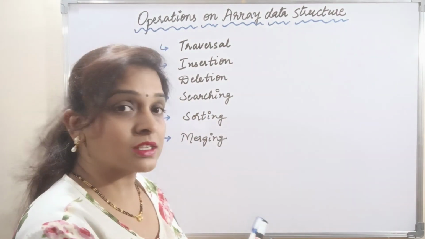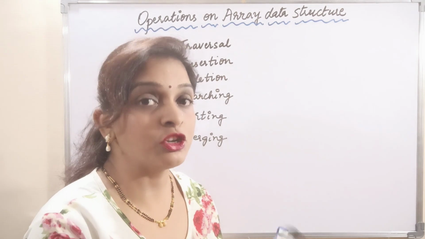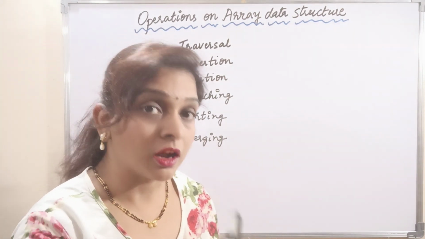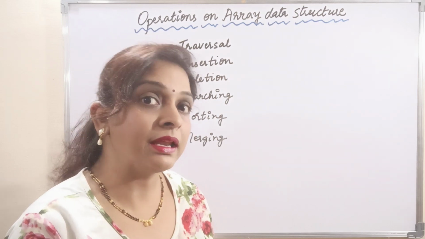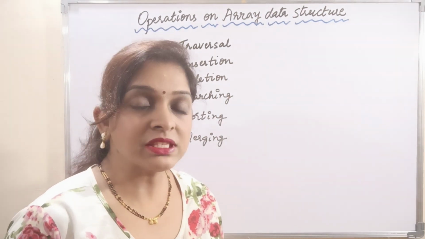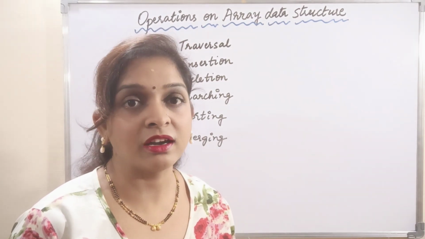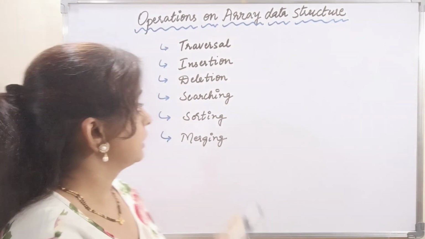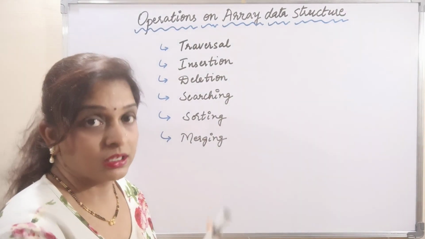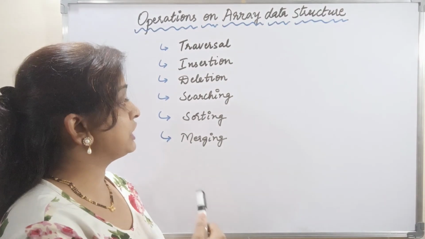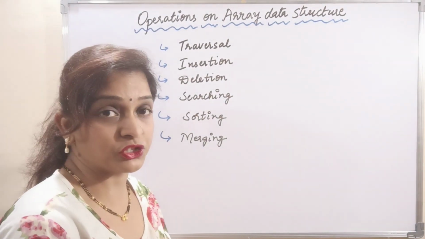So we already discussed the operations on the non-primitive data structure. Array also comes under non-primitive, and under non-primitive, it comes under linear data structure. So when we say linear data structure, the operations that we perform on linear data structure are the same. We have discussed these operations also: traversal, insertion, deletion, searching, sorting and merging.